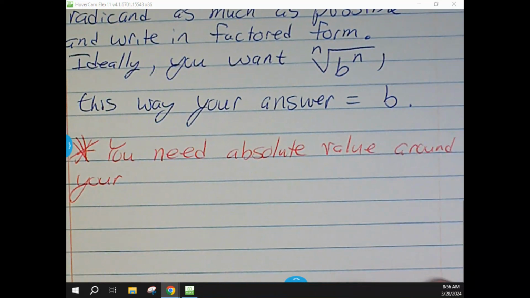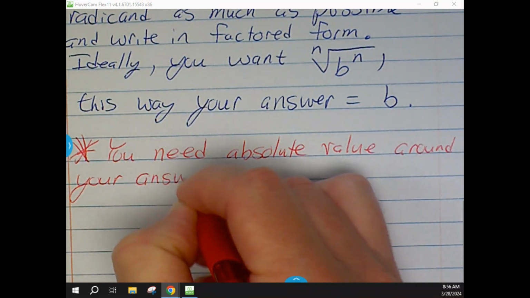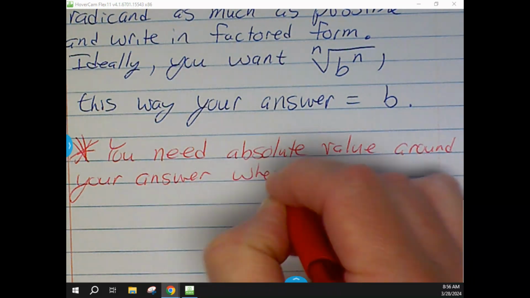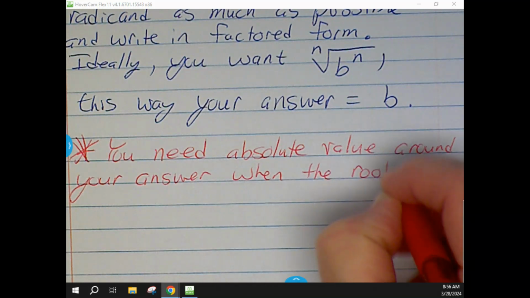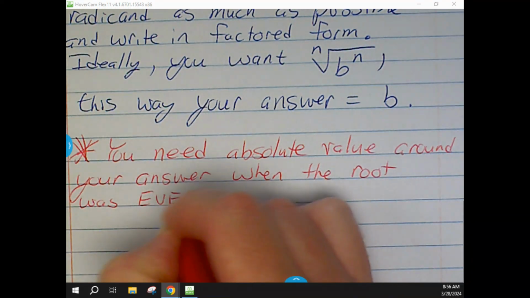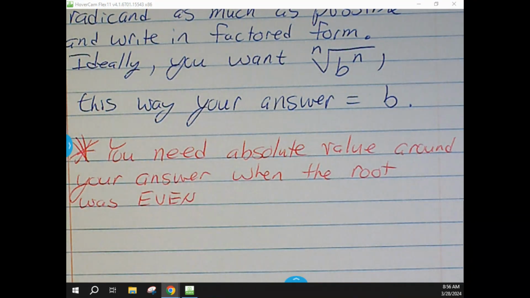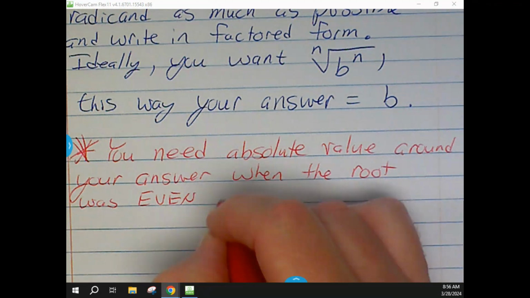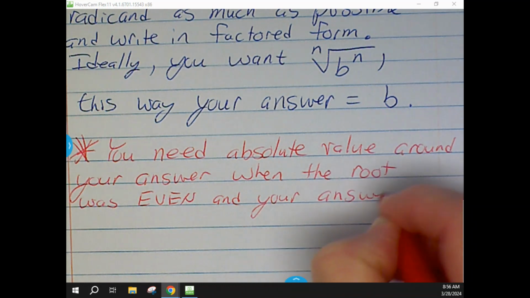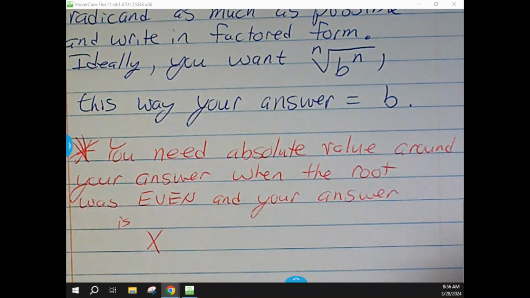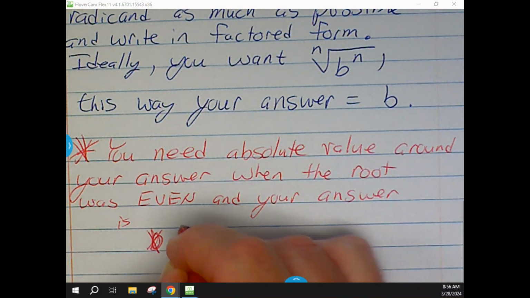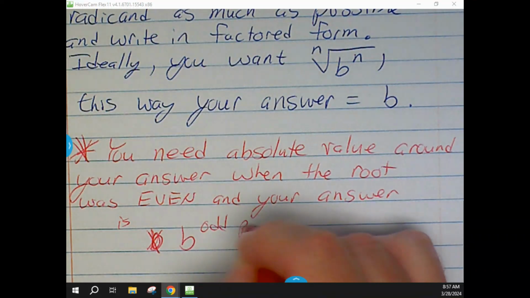You need absolute value around your answer when the root was even and your answer is x or b or whatever it is, to an odd power.